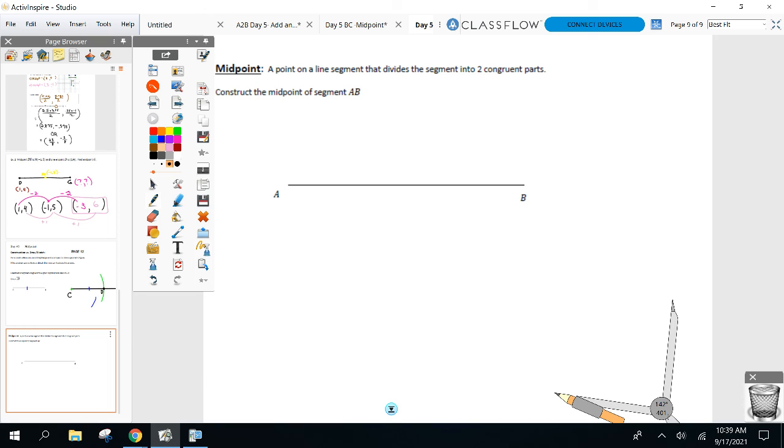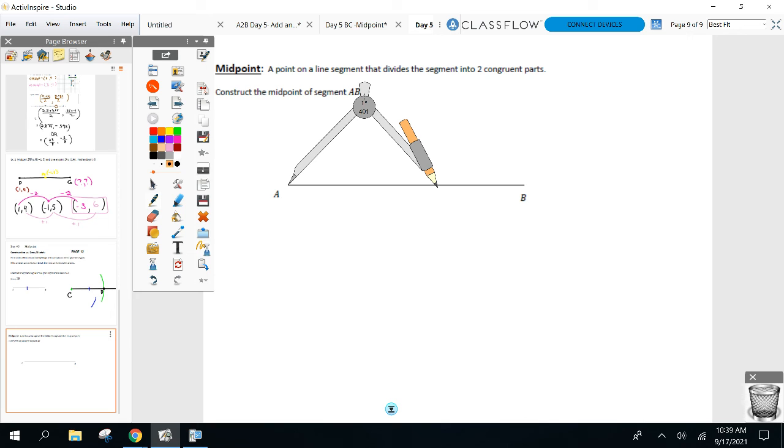Put one point of your compass on the endpoint, A or B. Here's the key to this whole construction: make sure your compass is open more than half the length of the line segment, but not past it.